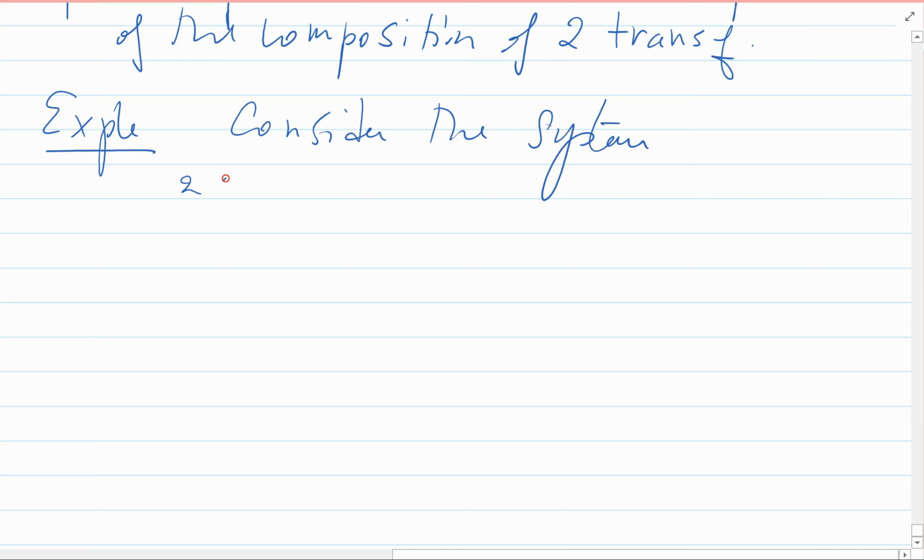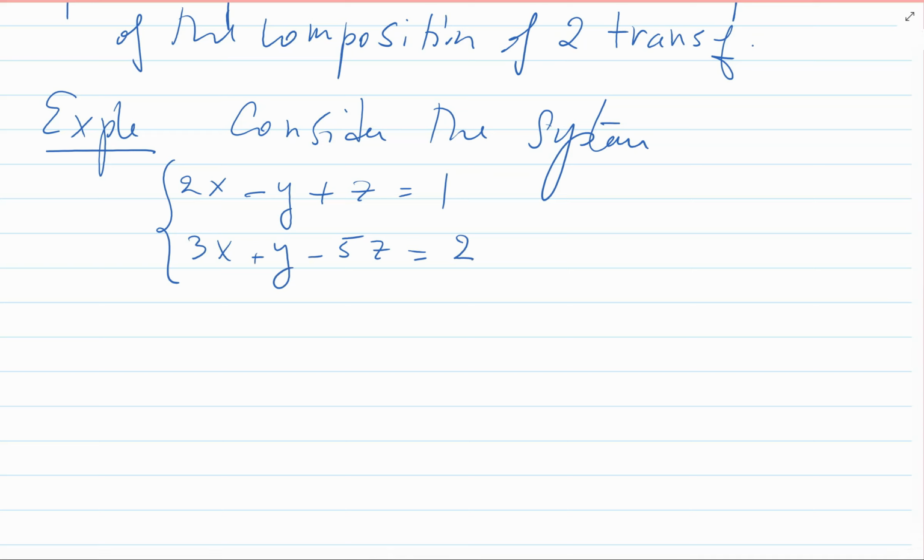It's going to be 2x minus y plus z equals 1, and 3x plus y minus 5z equals 2. And we can see it as a matrix representation.